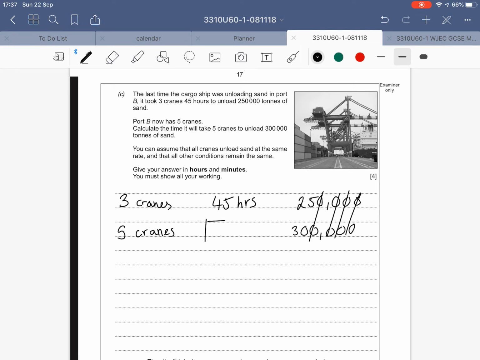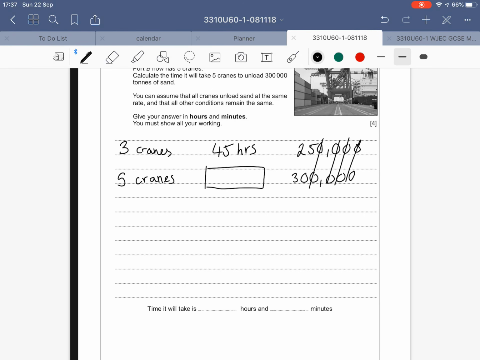We've got to work out our time in hours and minutes, we'll get to that in minutes. Right, so we had 3 cranes, 250 tons at 45 hours. That's 5.4. But now we've got 30 over 5 cranes, and that will give me 32.4.